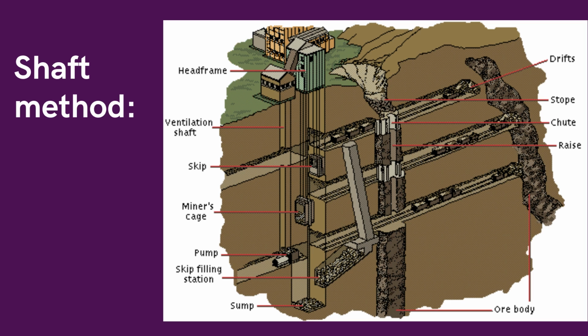Then we also see drifts. We see stopes and raises, and then the ore body. The ore body is where the mineral is located. So they reach that area, tap the ores, transport the ores through a lorry, and then put them onto a cage, taken up through the shaft onto the surface of the earth, and thus extracting that mineral.